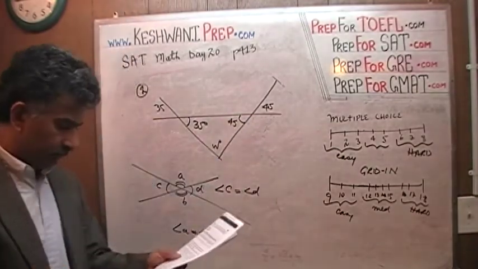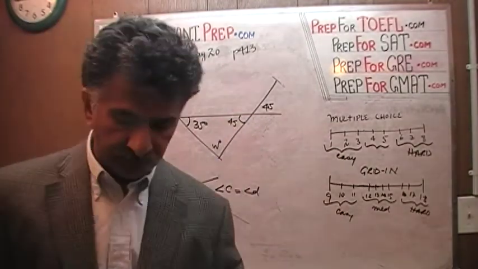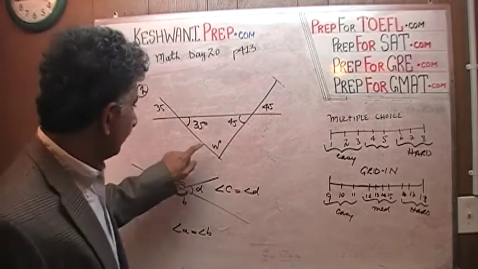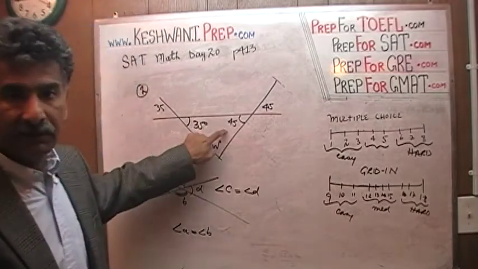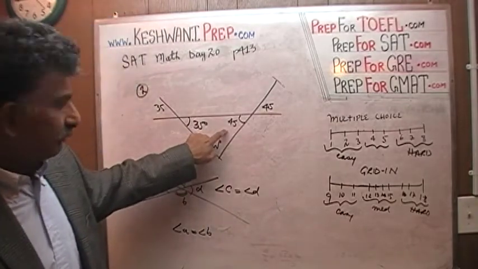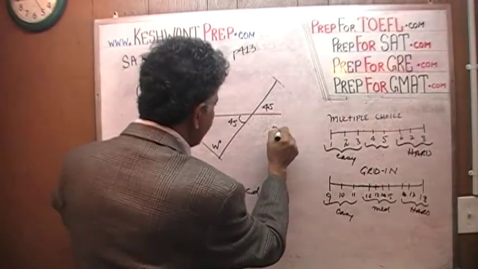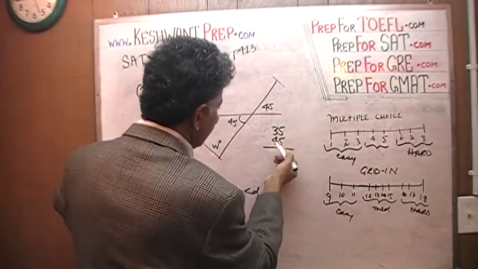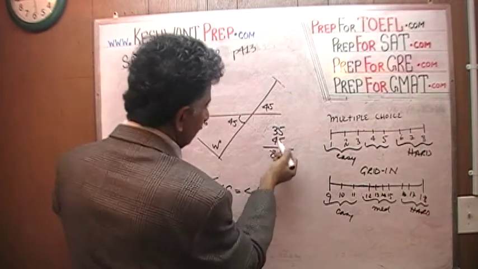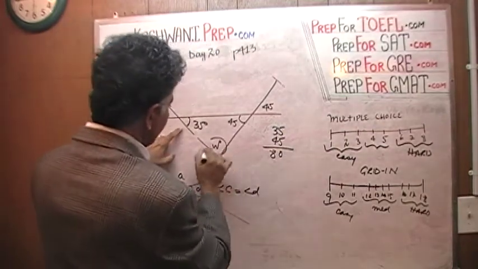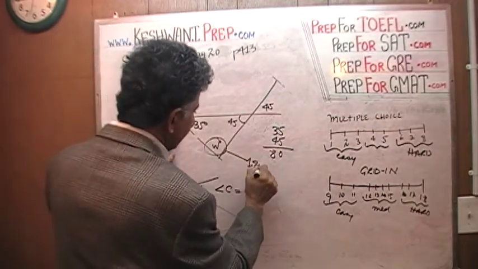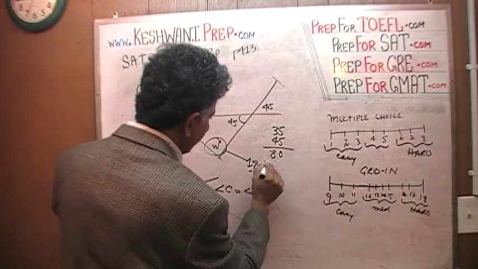And they're asking you, probably, what is W? What's the value of W? Well, that's very straightforward. We know the sum of the angles in a triangle is 180. So let's add them up. 35 plus 45 is 80. So this must be 180 minus 80, or 100.